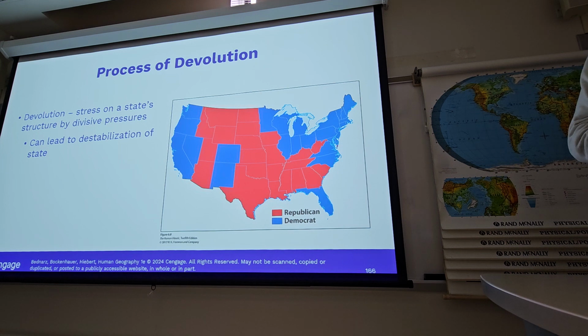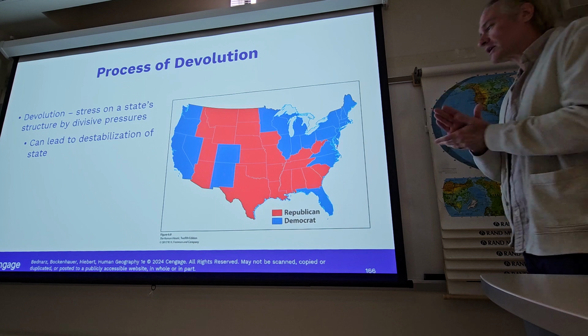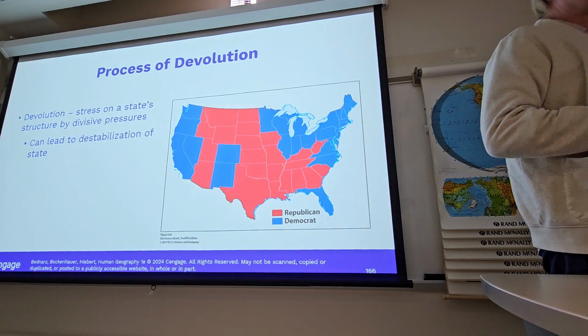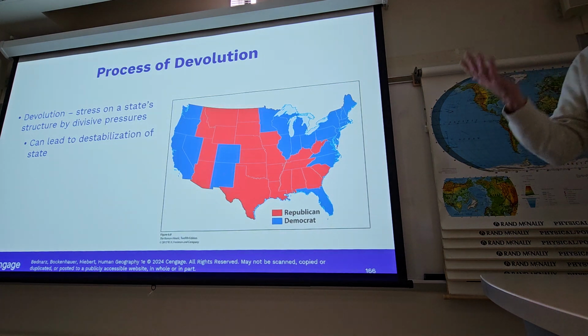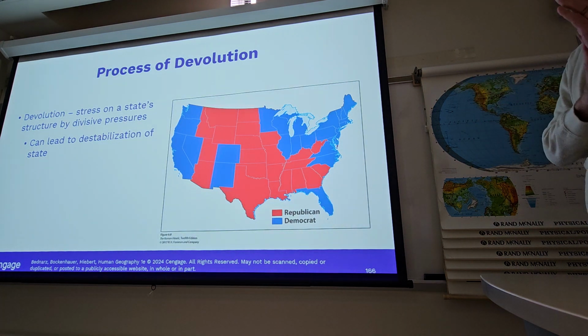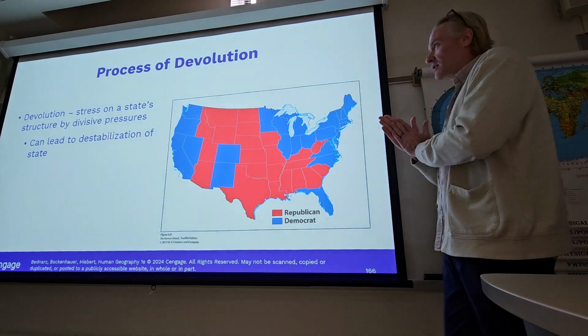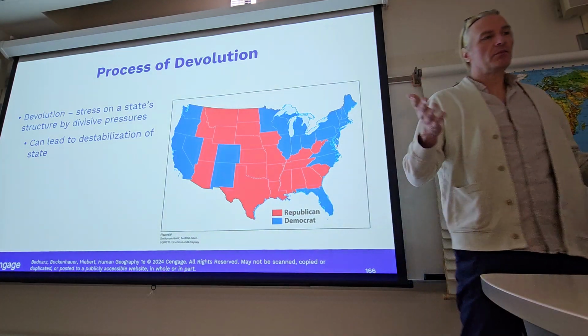See some heads nodding. Well, this section of our reading talks about things that kind of pull apart countries and things that unite countries. And this can involve a lot of different things. In the U.S., there's some divisiveness when it comes to politics. Does that mean it's going to destabilize?